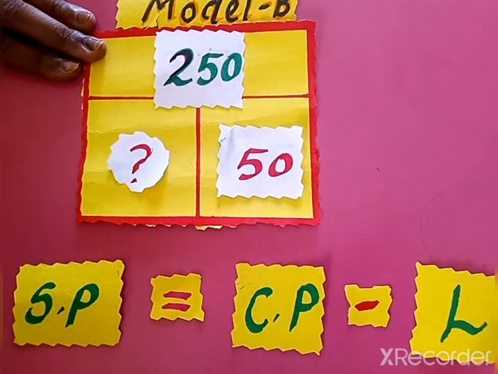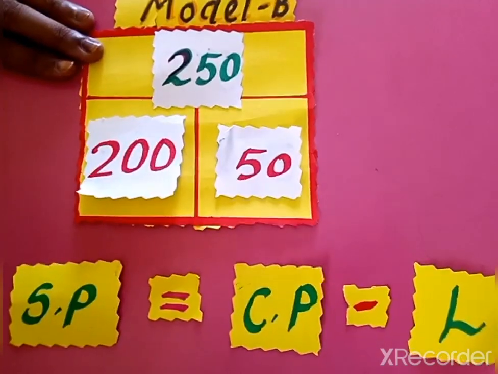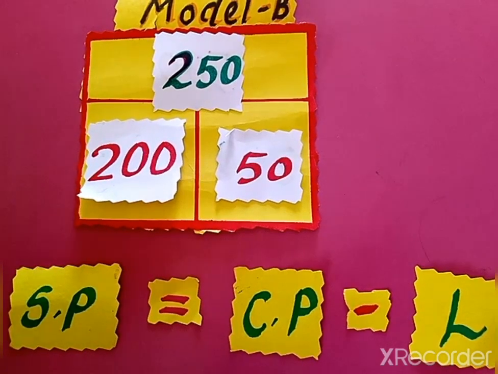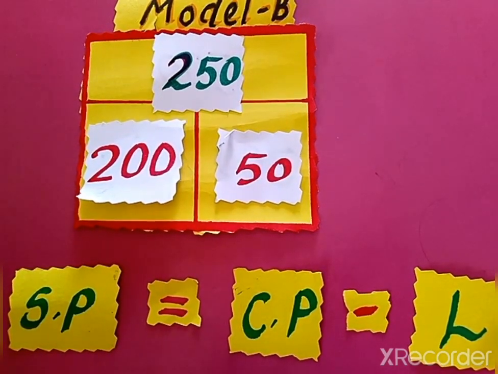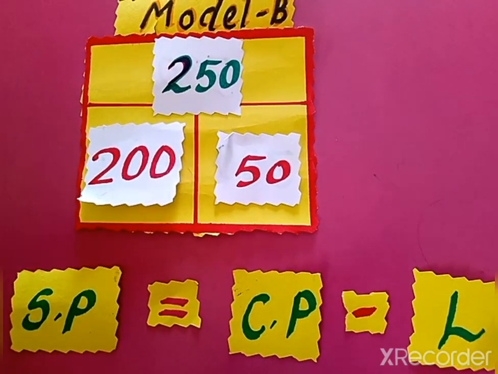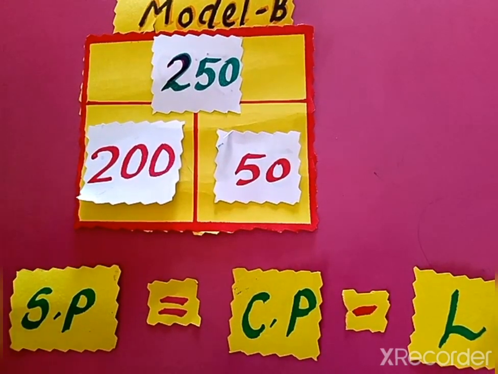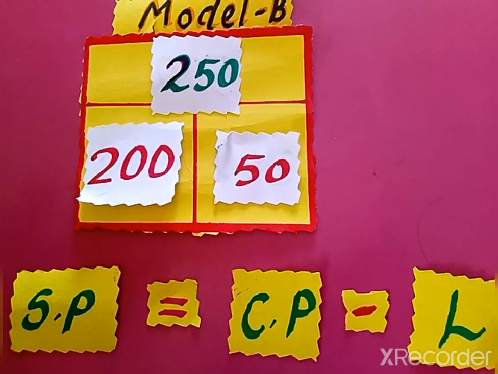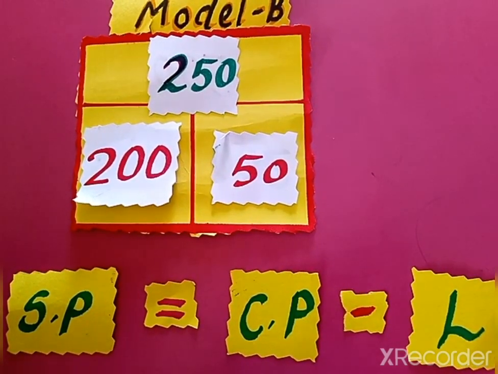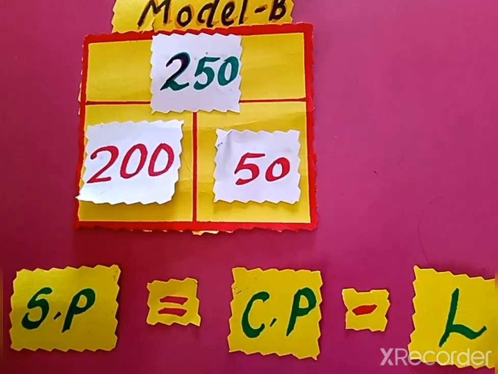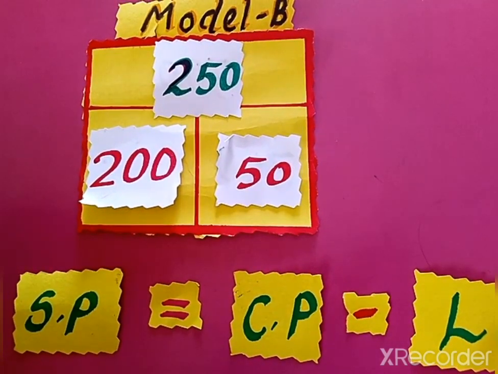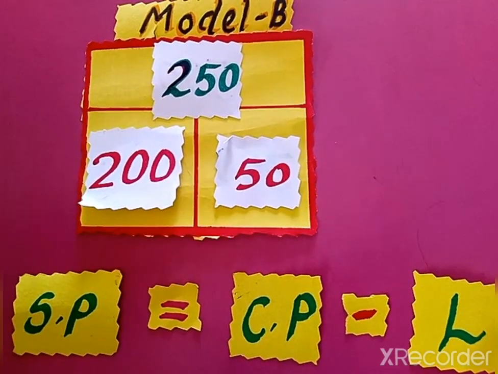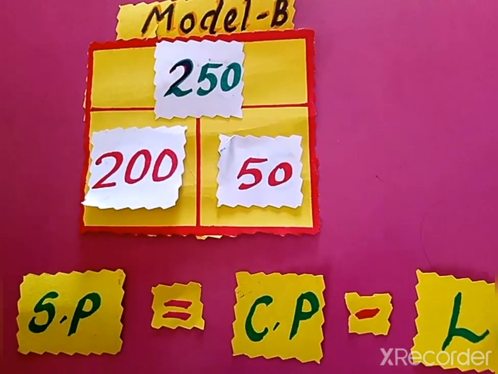It will be 200. Clear? So using the relation between the numbers in the bar model, it is easy to create formulas to find selling price, cost price, profit and loss. You only have to understand the two types of bar model, when it is profit and when it is loss. According to the problems given, you can substitute the values in the parts and the whole, and solve the problems easily. Now let us see your homework questions.